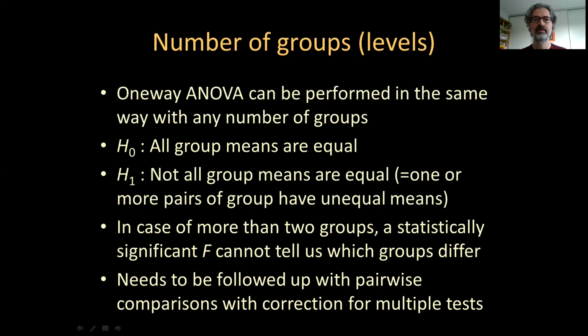But if we run two tests, each with an alpha level of 0.05, then our total chance of a type 1 error isn't 5% anymore, because each of the comparisons has a 5% chance of a type 1 error. So we must correct for the fact that there is more than one possibility of making this type of error, and that's called a correction for multiple comparisons.